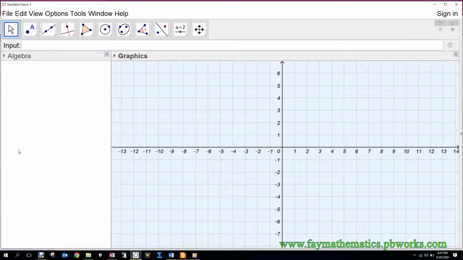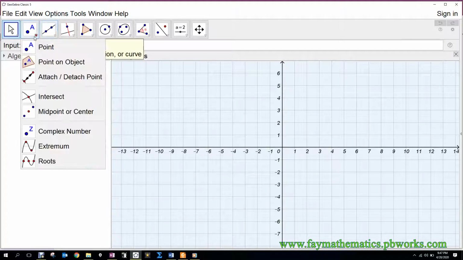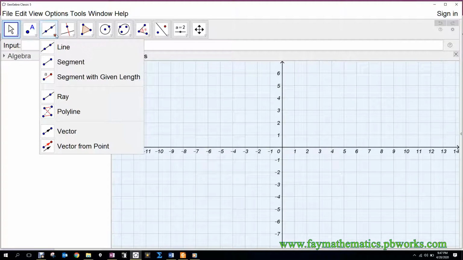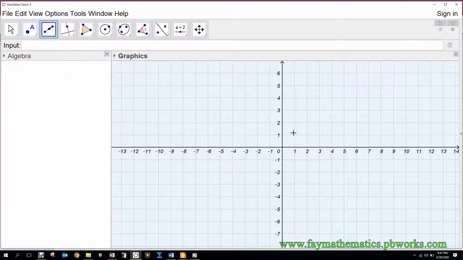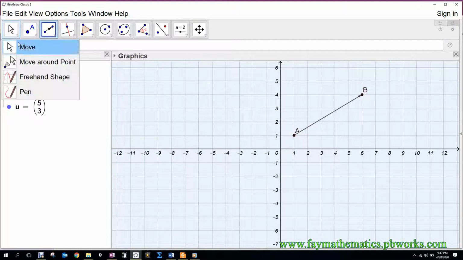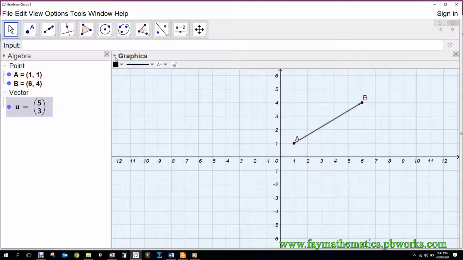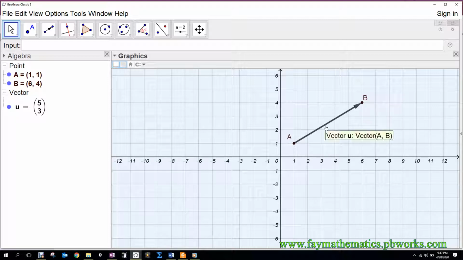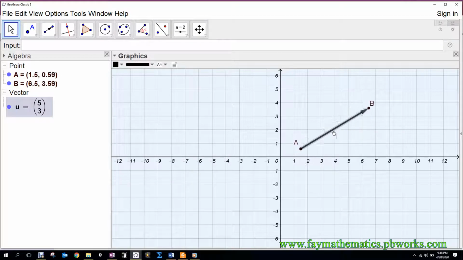We'll go to GeoGebra. So you see there, you can see the initial point here at 1, 1, terminal point here at 6, 4. We got the arrow there, so that's a vector. Now, the one thing about vectors is we can move them around.